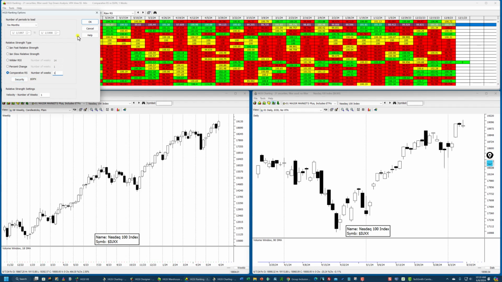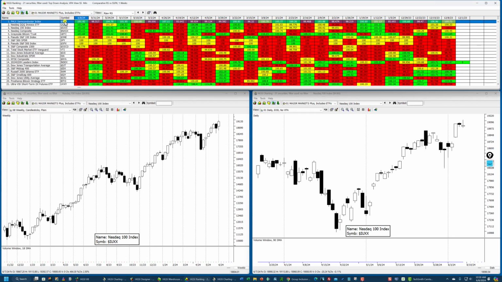Security, I'm comparing to the SPX, and you can see that the stocks outperformed the SPX or the S&P 500 by 1.92%. The QQQ outperformed by 1.44%. And the NASDAQ 100, the index itself, outperformed by 1.23%.